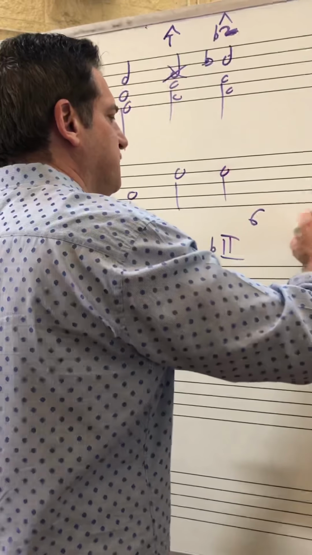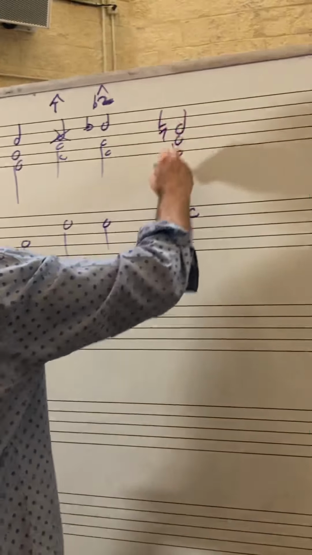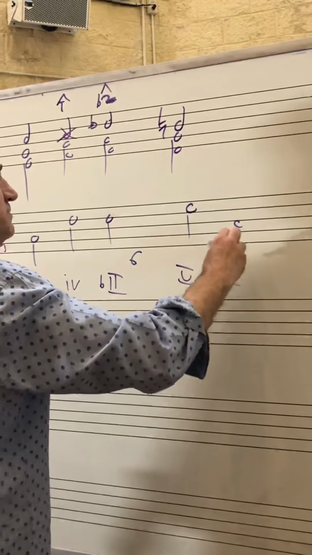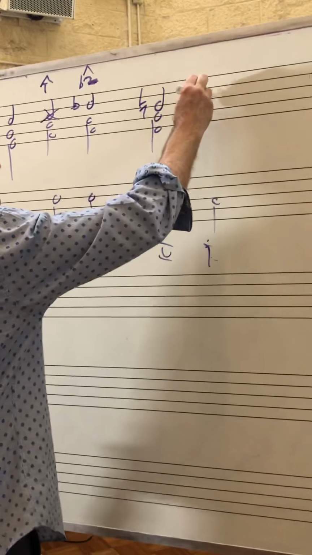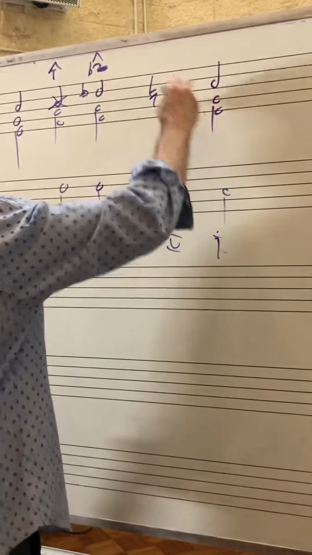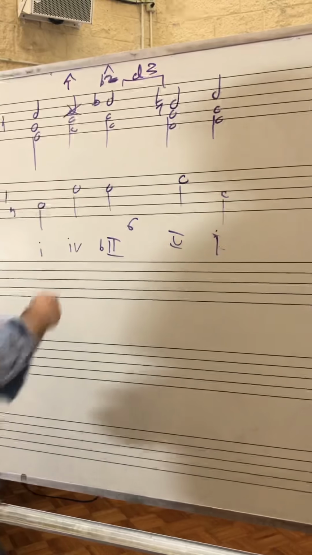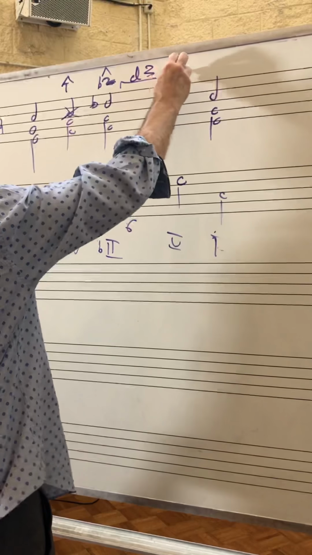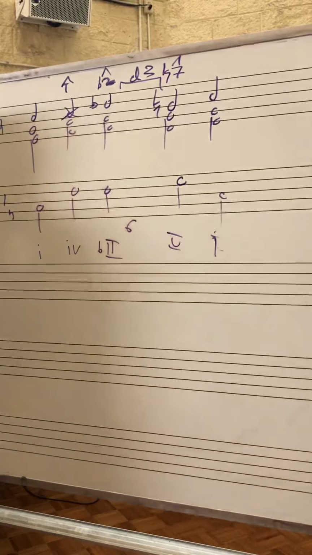And then this goes on to 5 with the raised leading tone, and that is the most characteristic, perhaps, effect of the Neapolitan, is this diminished third interval between scale degree flat 2 and the raised scale degree 7, the leading tone.